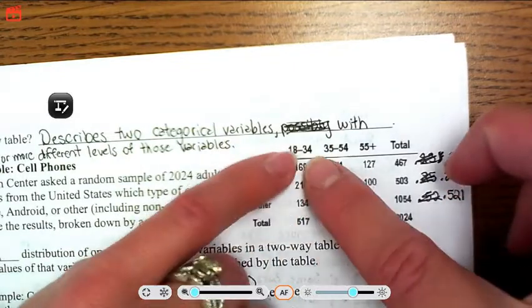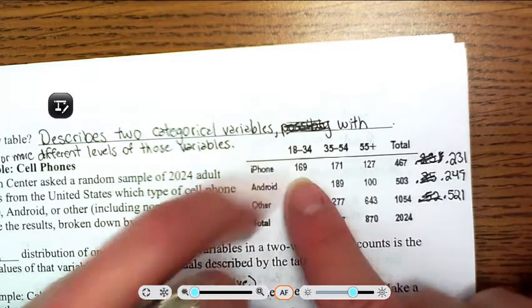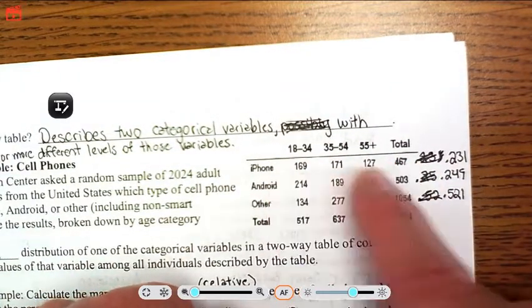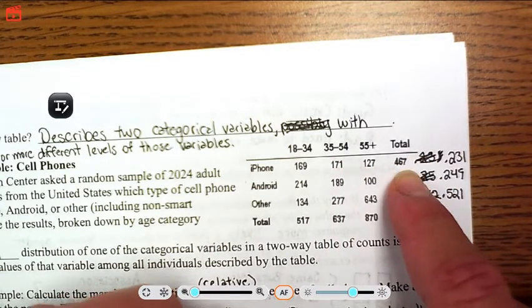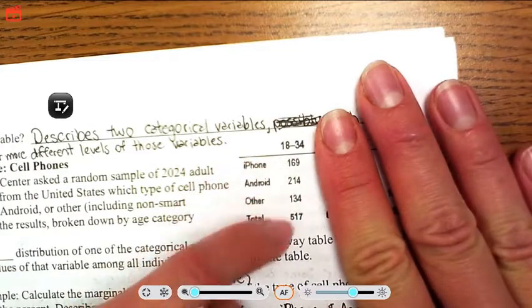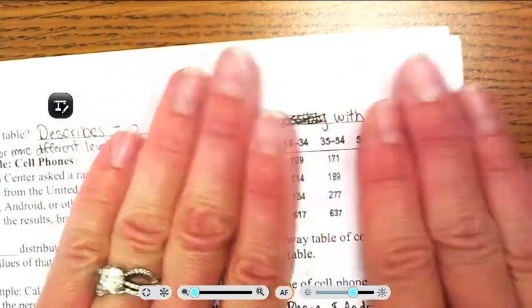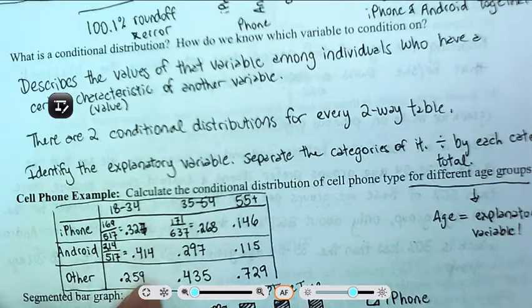I'm just trying to find words to describe that I'm dividing in this downward direction as opposed to dividing across. I'm not dividing 169 by 467, 161, and 127 by 467, okay? I'm dividing in this vertical sense because I identified that the age is the explanatory variable, so I'm going to separate each of them and divide and find percentages.